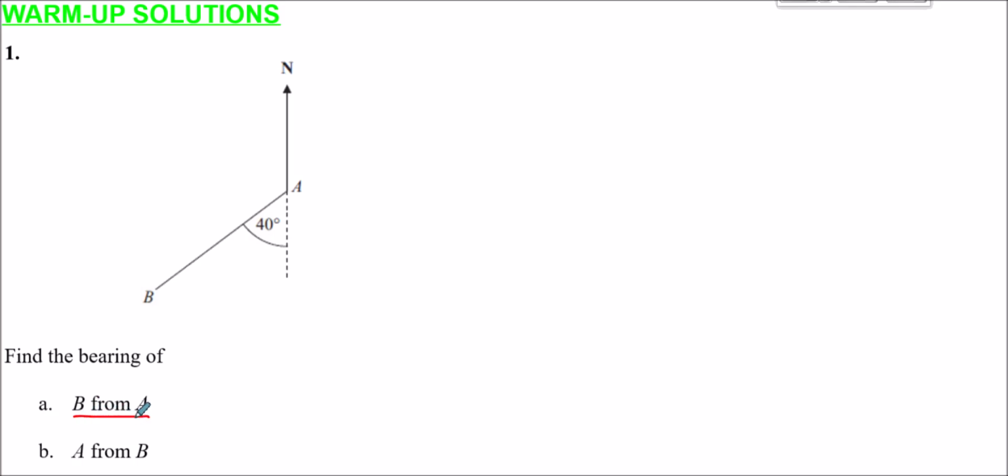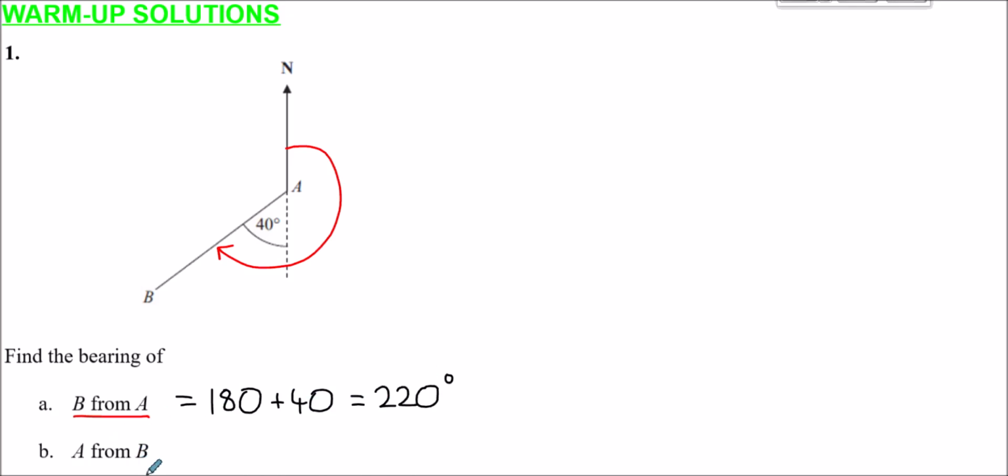If it's from A, that's another way of saying it starts from A. And so we start from A, facing north, and go clockwise, turning until we eventually end up facing B. And that's the bearing we want to find. And so for this one, part A, angles on a straight line, this portion of it's 180, so it's 180 plus an extra 40, it's a bearing of 220 degrees.